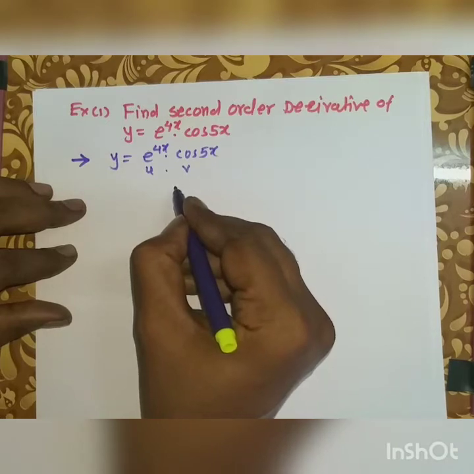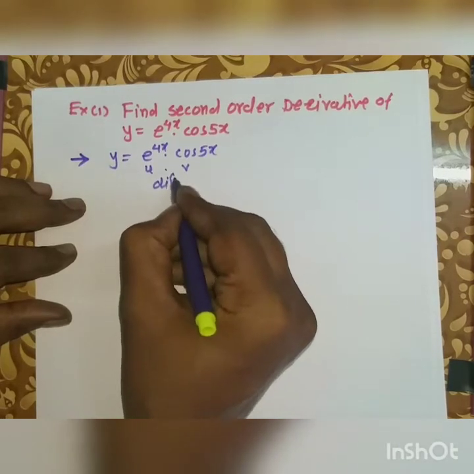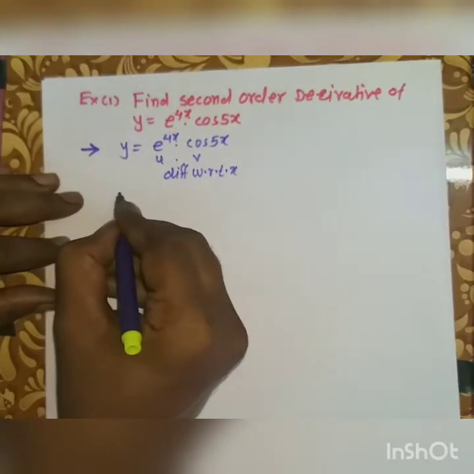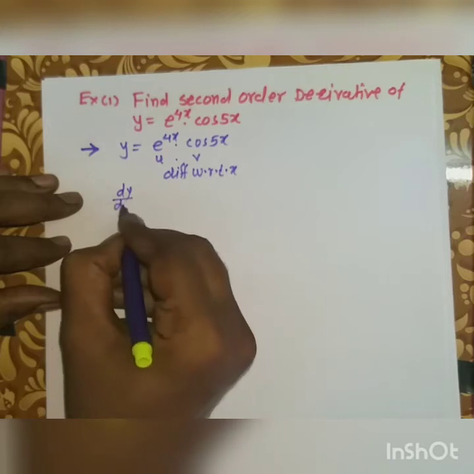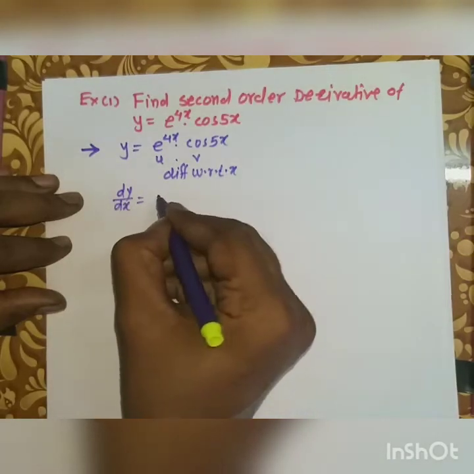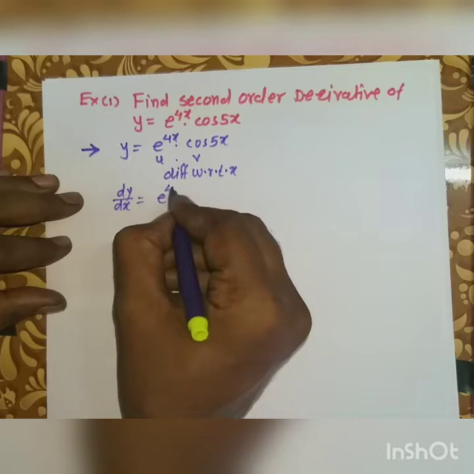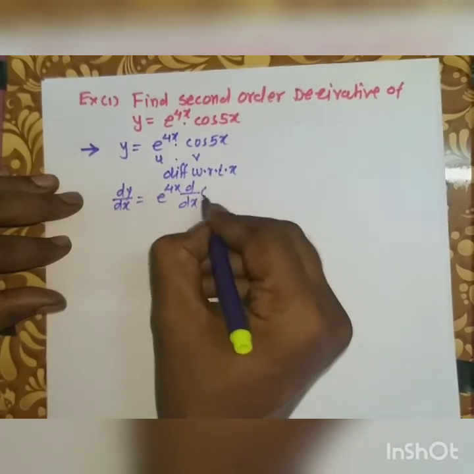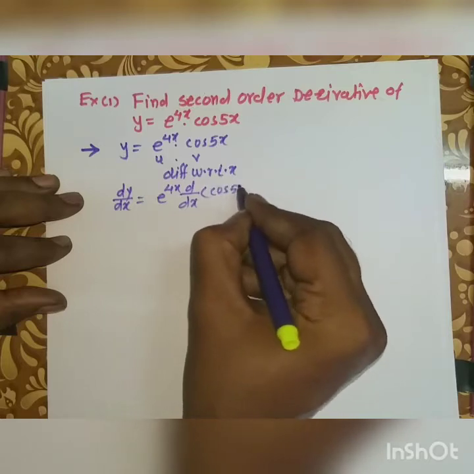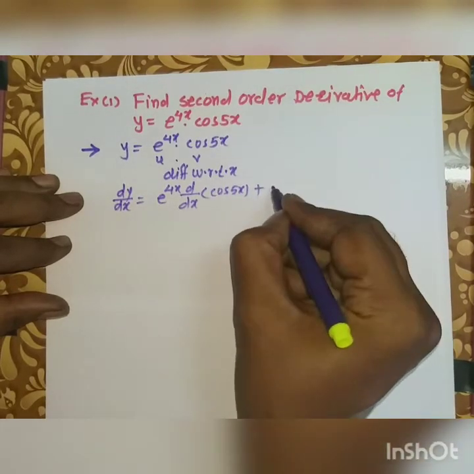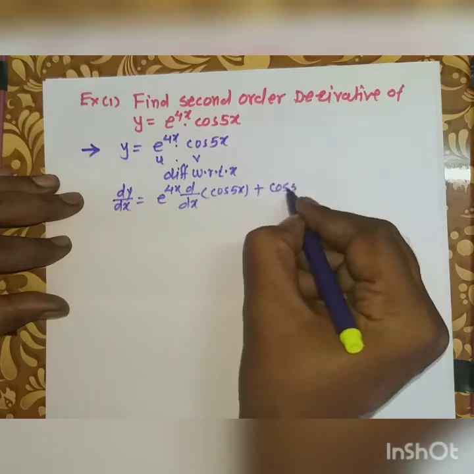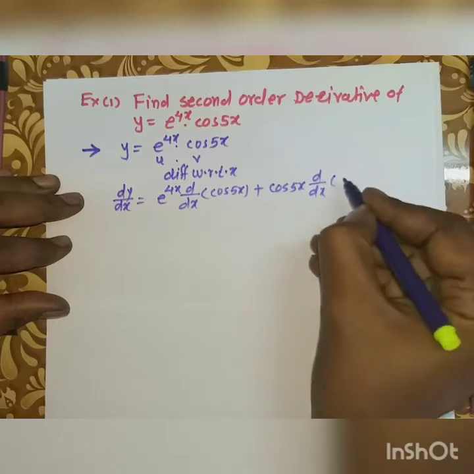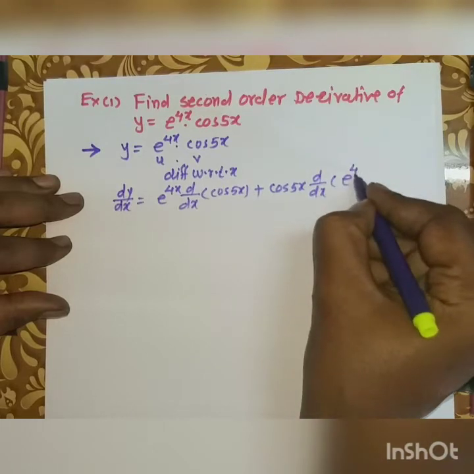Differentiate with respect to x, dy by dx is equal to first function e raised to 4x times the derivative of the second, that is d by dx of cos 5x, plus the second function cos 5x into the derivative of the first function e raised to 4x.